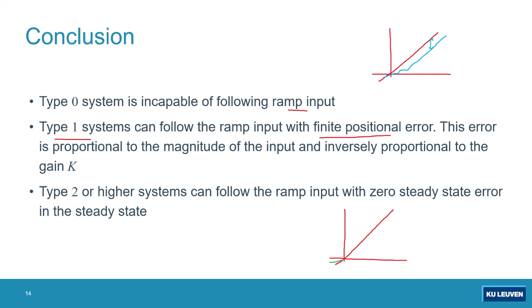At the beginning, it is still in the transient condition, but after some time, it can follow the ramp input perfectly with zero steady state error.